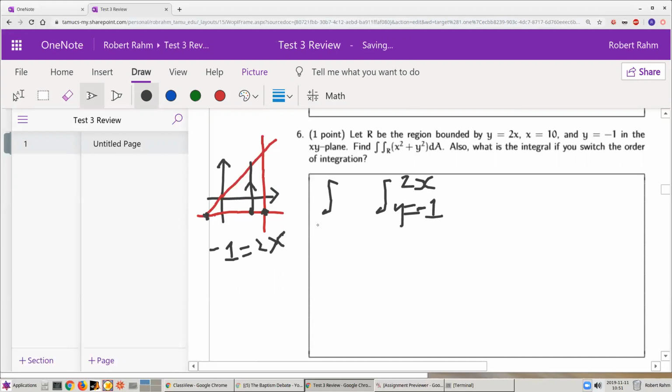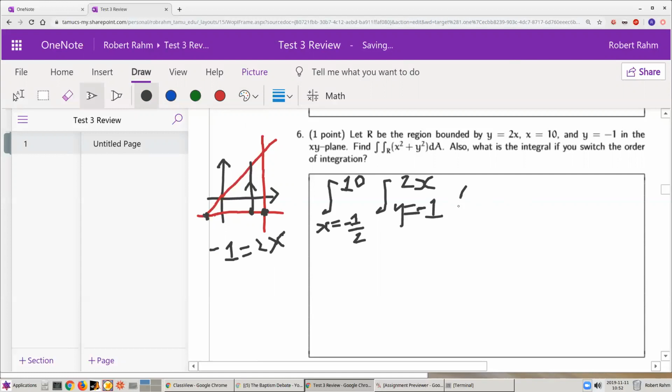So the lower limit in the x integral is going to be minus 1/2. Okay, and the upper limit is going to be this point right here. Well, this vertical line right here is the line x is equal to 10. And so we're going to put a 10 right here.